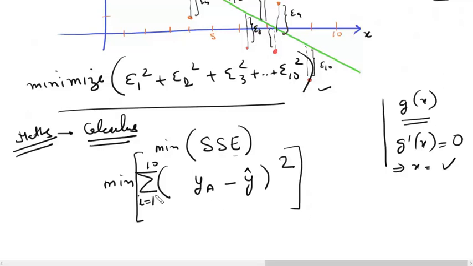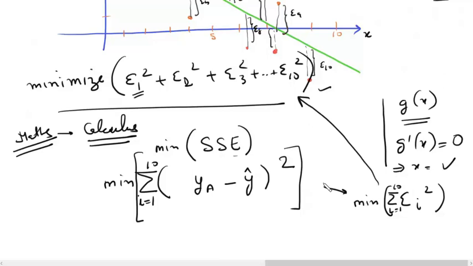This quantity basically represents my errors. I can also write this in another simplified form: minimize the sum of e i whole square, where i goes from 1 to 10. So I get this equation, which I have written here in slightly different form, in the form of actual minus predicted.